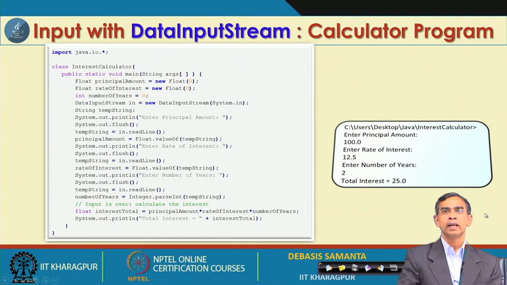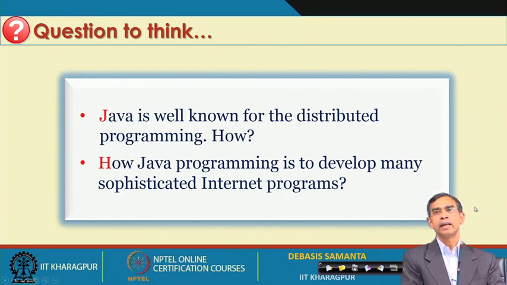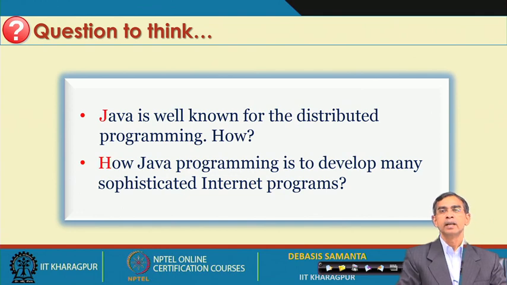So, this is all about the exception handling concept in Java programming. Now, after knowing the exception mechanism, our next task is to learn how distributed programming can be done, because Java is very famous for distributed computing.